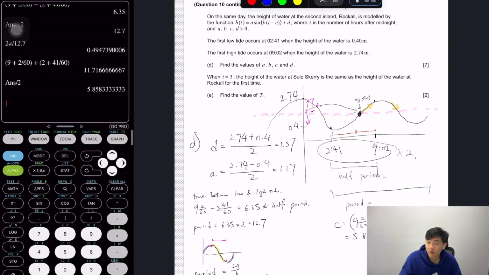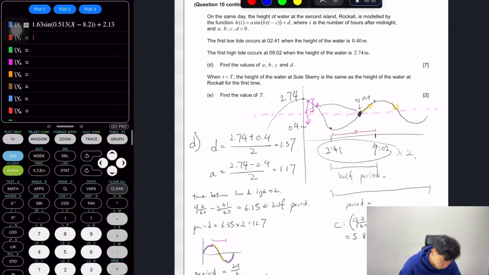Basically, what you can do is you can just find it using the graph. So where's the graph? This one. So we have the first graph, but we don't have the second graph.